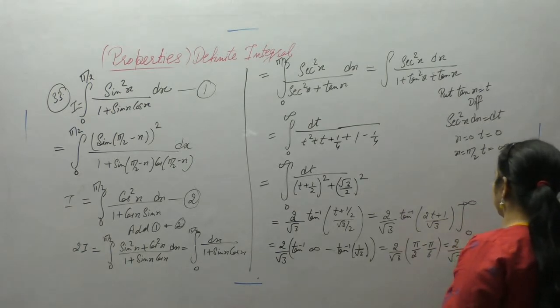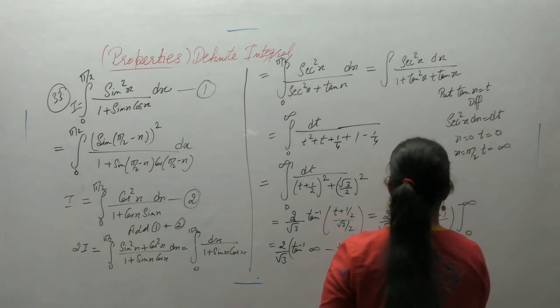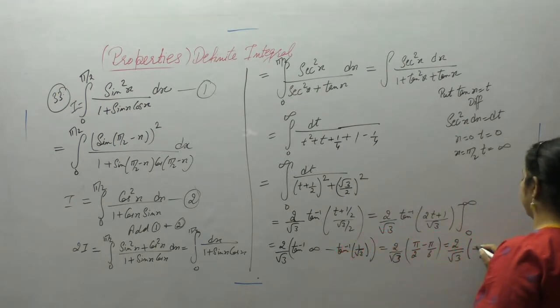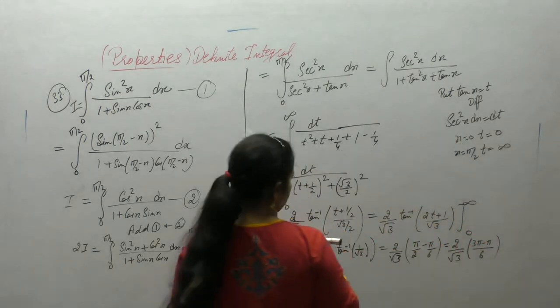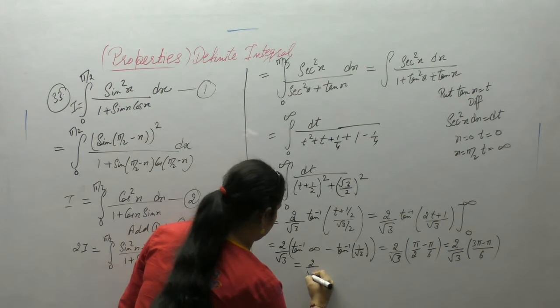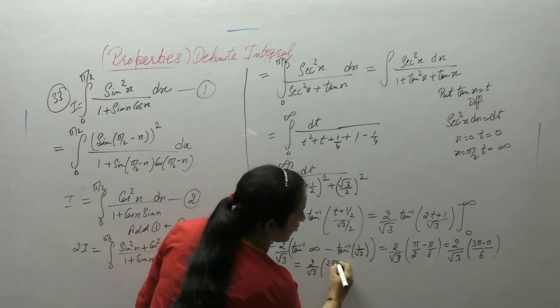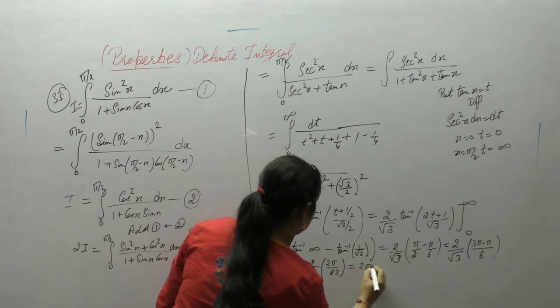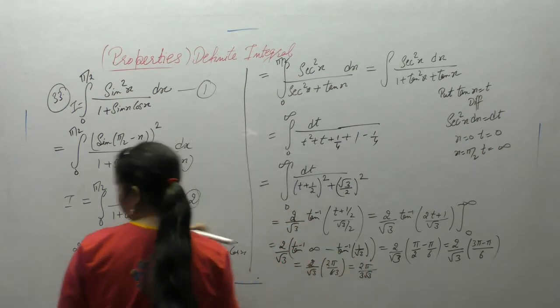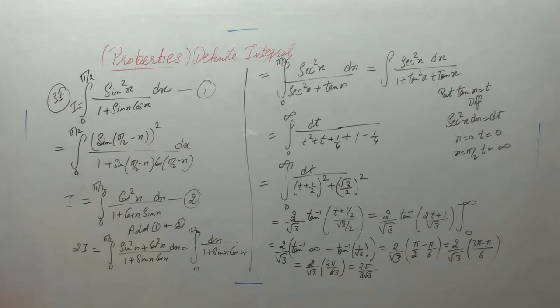2 upon root 3 times (pi by 2 minus pi by 6), which is 2 by root 3 times 2 pi upon 6, so 2 pi upon 3 root 3.